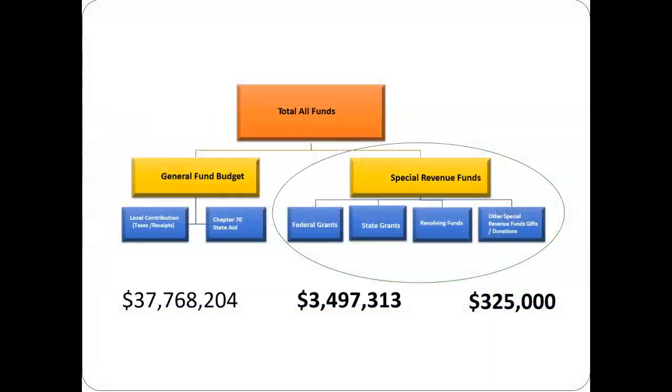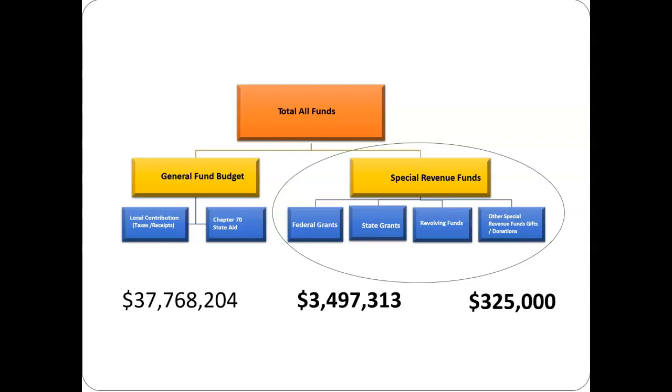I think there are often many times when we look at school finance and school budgeting a good opportunity to take some time and talk about what else goes into funding a school and municipal budget, other than just the local appropriation from the general fund.